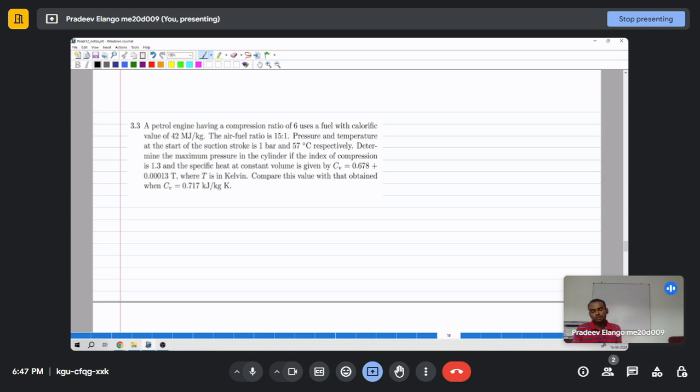Determine the maximum pressure in the cylinder if the index of compression is 1.3 and the specific heat at constant volume is given by CV is 0.678 plus 0.00013 into T, where T is in Kelvin. Compare this value obtained with that of constant CV of 0.717 kilojoule per kilogram Kelvin. So we need to determine the maximum pressure in the cylinder.